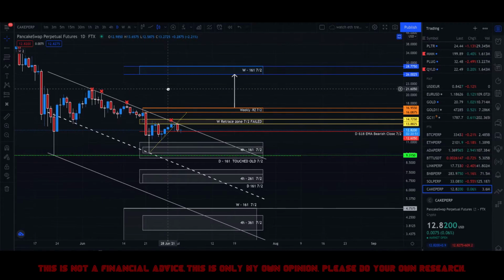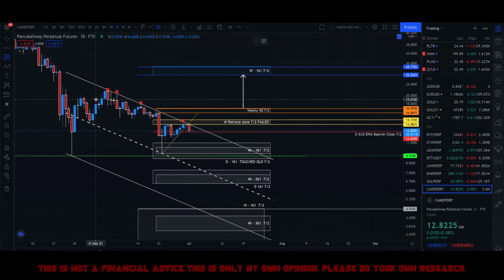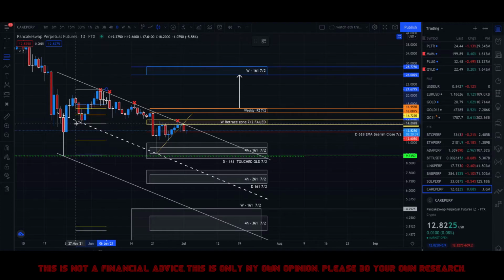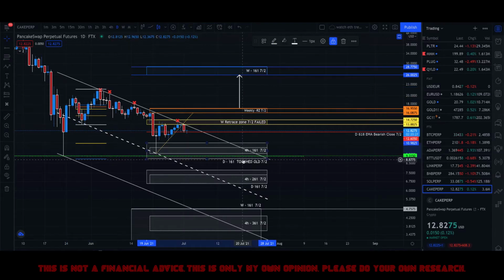So we touched the bottom, went up, touched the 50% of the channel, went up, touched the upper border of the channel. Okay. So for this move right here, we went down, closed under the 618 zone, touched the 161 extension of this move right here, where I have it labeled as touched old, okay, daily 161. Okay, and then we bounce back up to test the upper border of the channel.